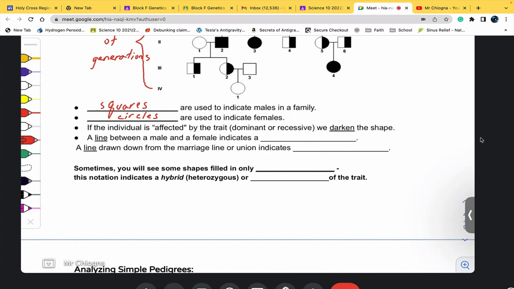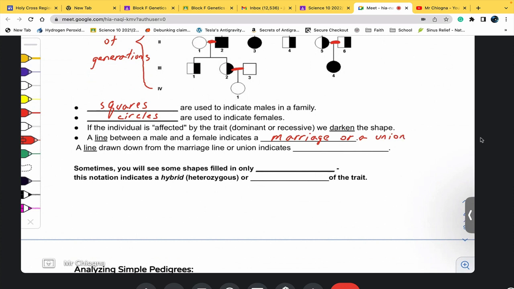So this is a marriage, marriage, marriage, marriage. Right in here, marriage, or some sort of union.